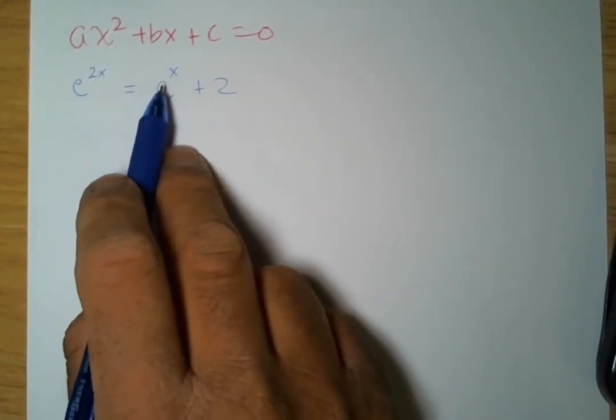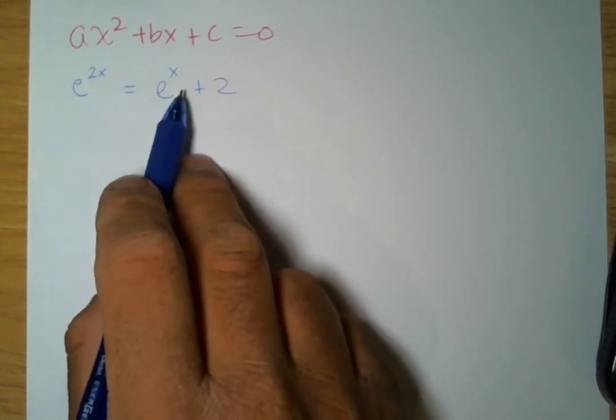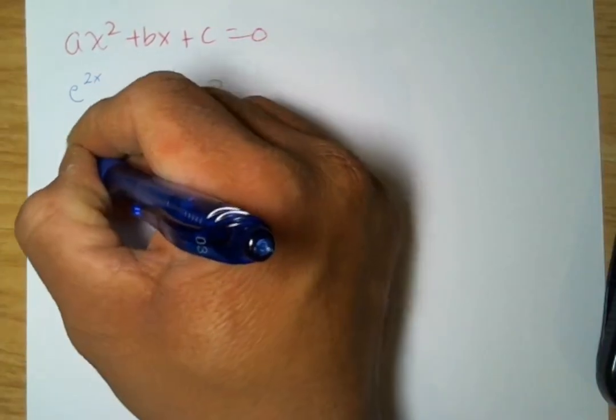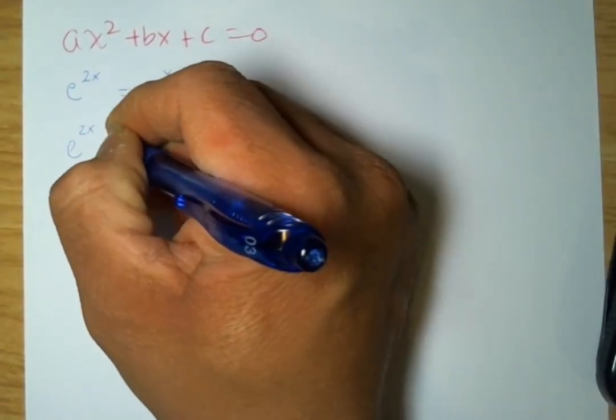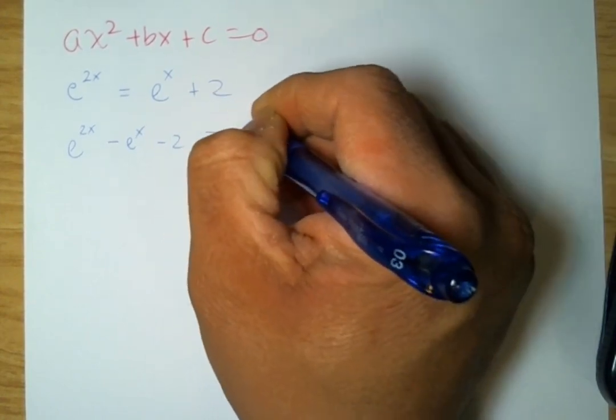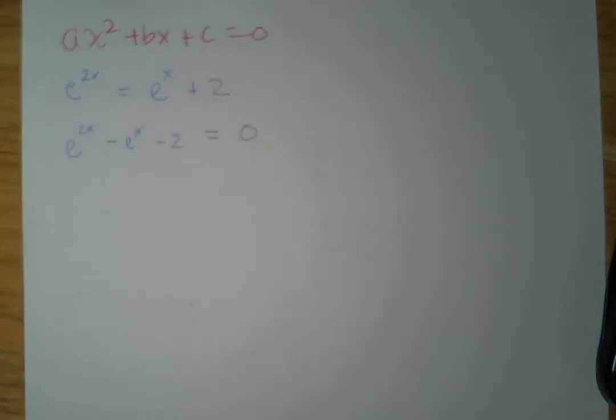I can't combine these in this form. So instead, I'm going to set this equal to 0. I'm going to subtract e to the x, subtract 2. So now I have it equal to 0.